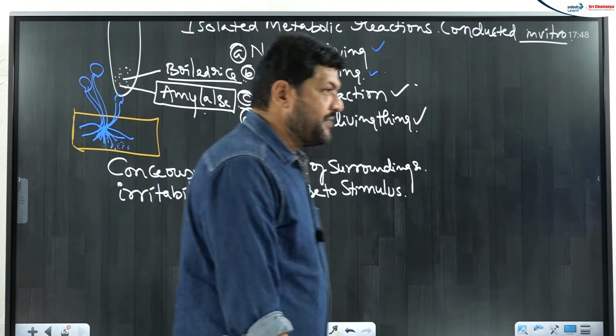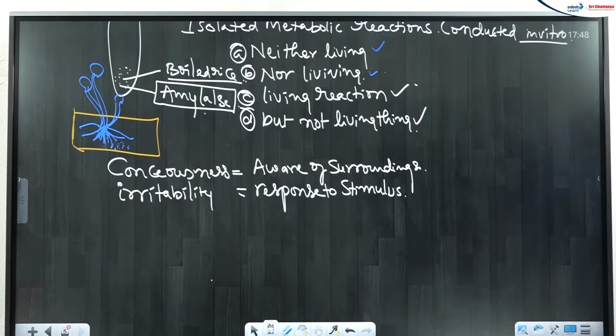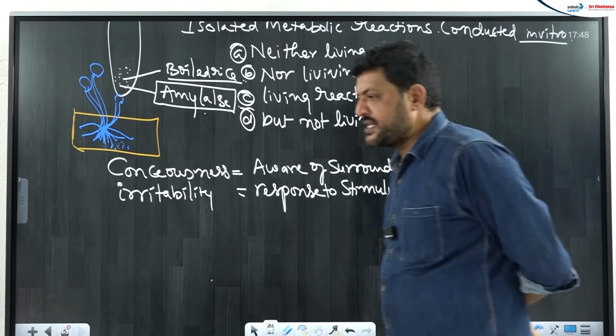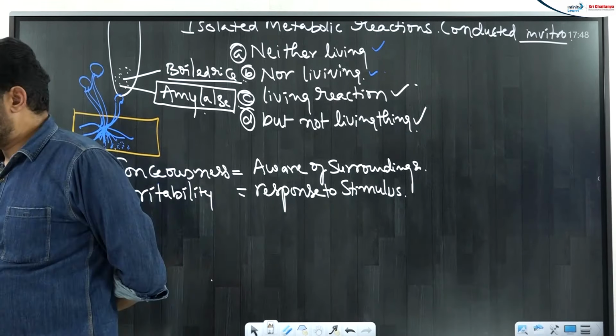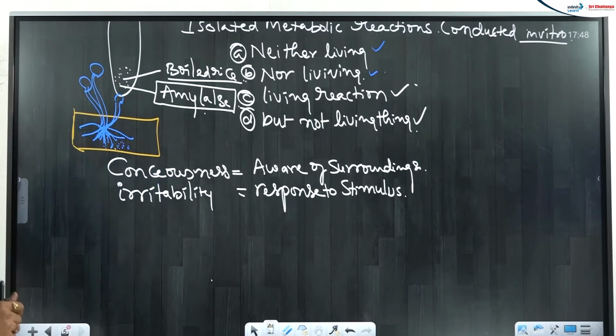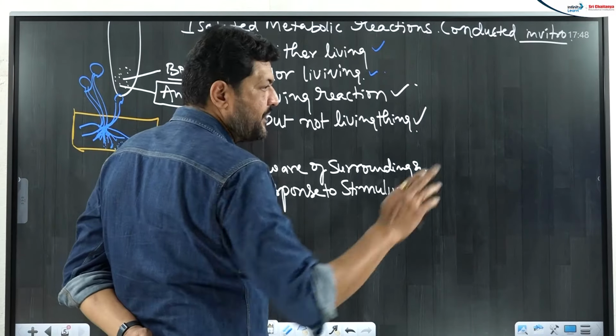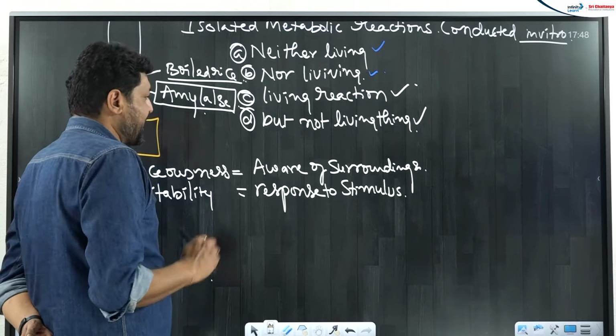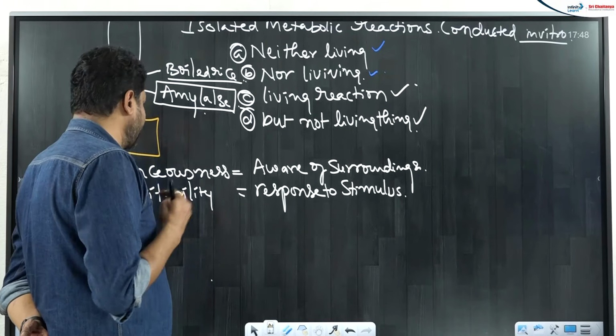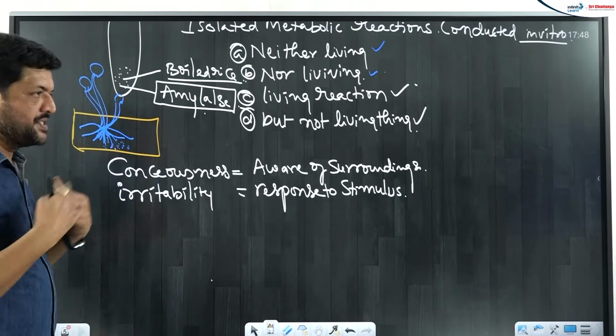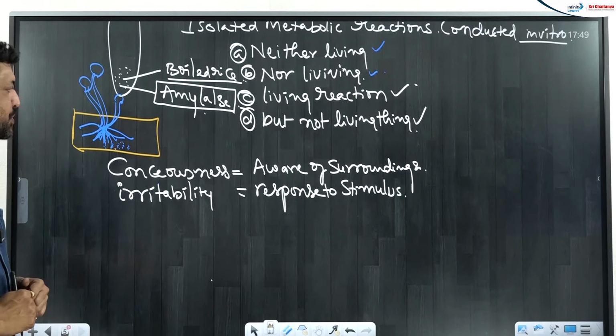Both are slightly different. Consciousness, irritability. So I have seen the switchboard. I don't want to touch the switchboard, because if I touch it, the current will pass and that will affect me. So with that consciousness, I do not touch that switchboard.